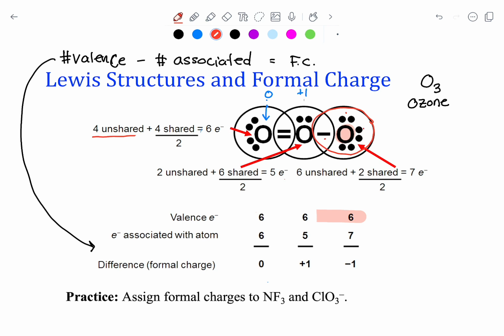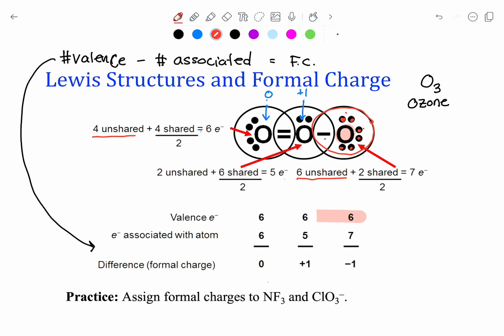So it's not going to have a formal charge of 0 and it's not going to have a formal charge of plus 1. So let's determine what its charge is going to be. Well, for this oxygen, we're going to count up our unshared electrons first, our number of electrons in lone pairs. So that's going to be 1, 2, 3, 4, 5, 6. So we have 6 electrons that are unshared, in lone pairs.